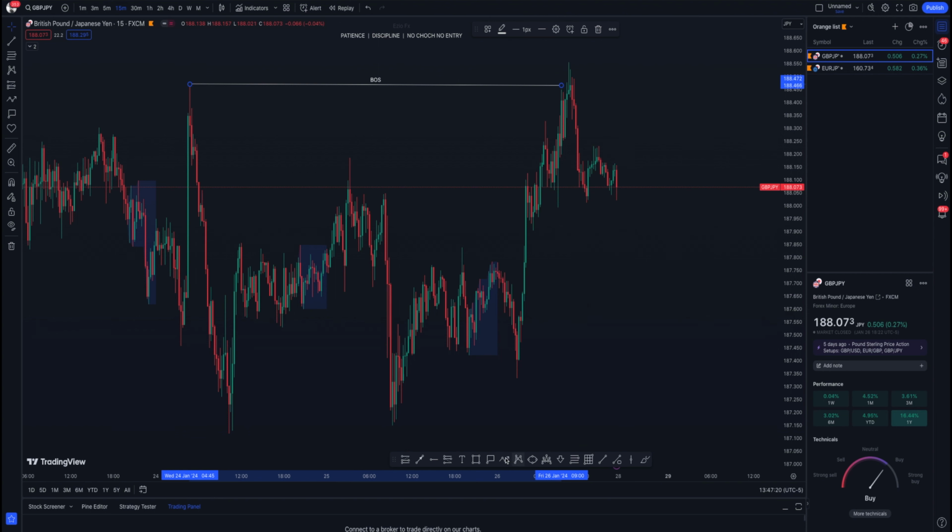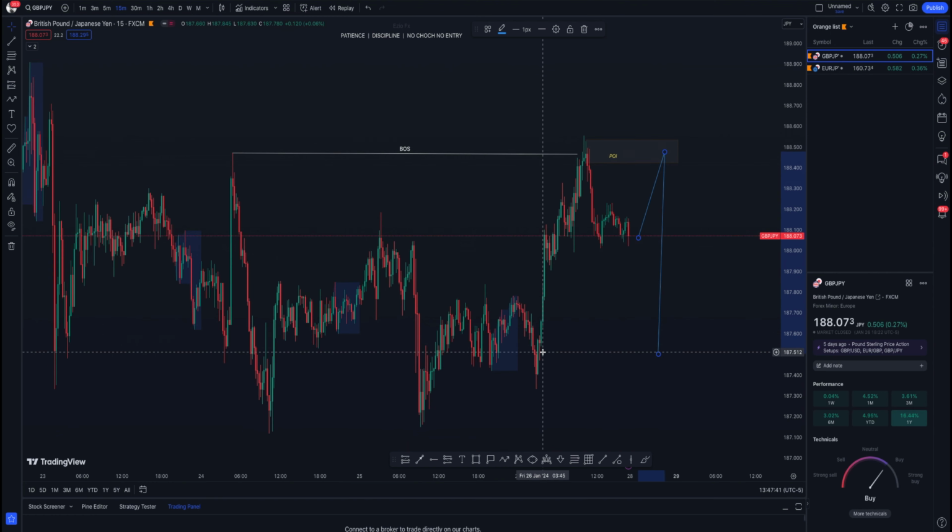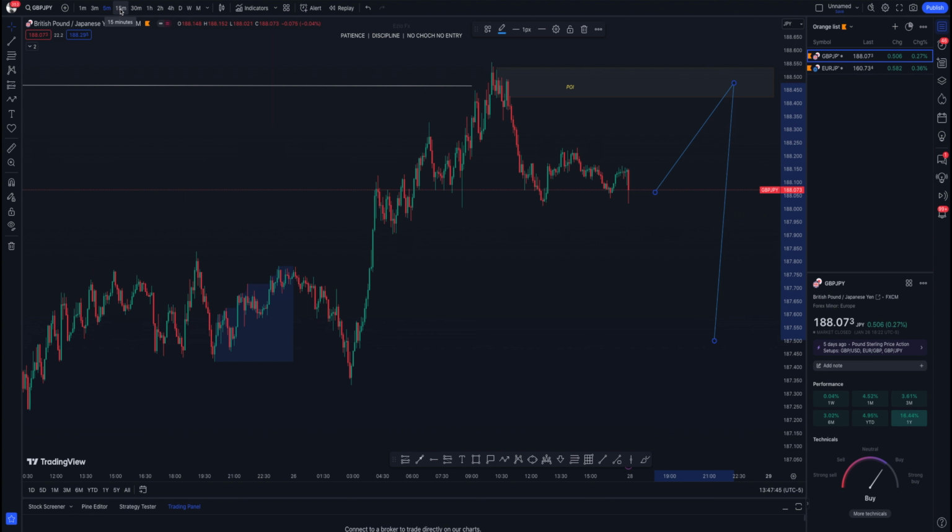Let's have a look like this. Price of interest, about here. That's it, but it's not much. It's a bit more consolidating at the moment.